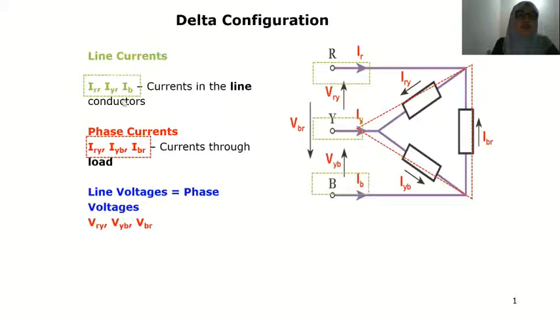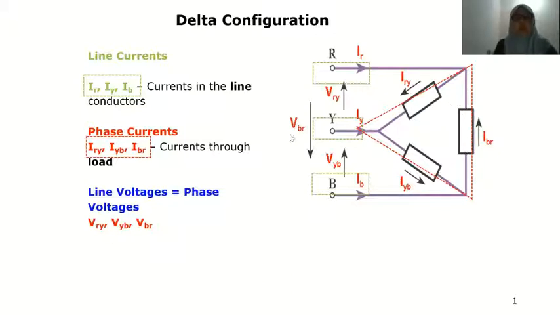Your IR, IY, and IB are your line currents, while your phase currents are your IRY, IYB, and IBR.